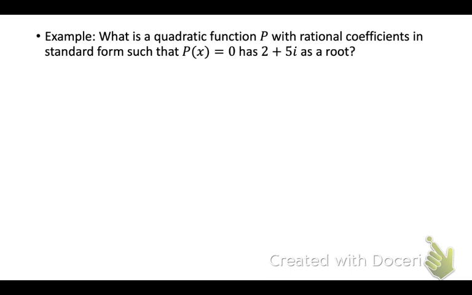So to go from the roots to the polynomial, I have to multiply out the factors, correct? One zero is 2 plus 5i. What do I also know is the other one? 2 minus 5i.